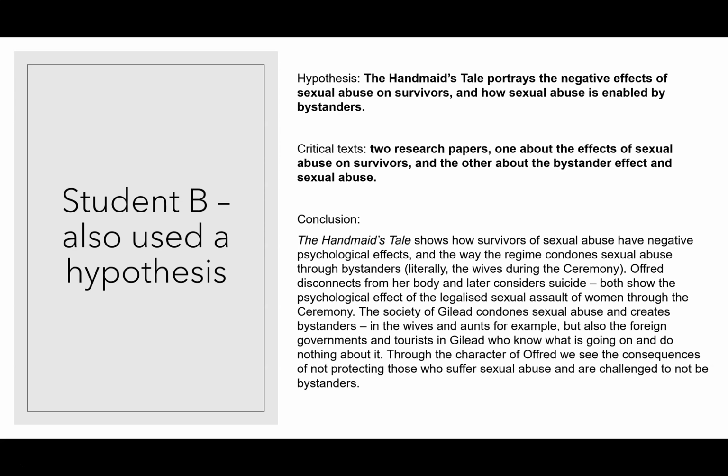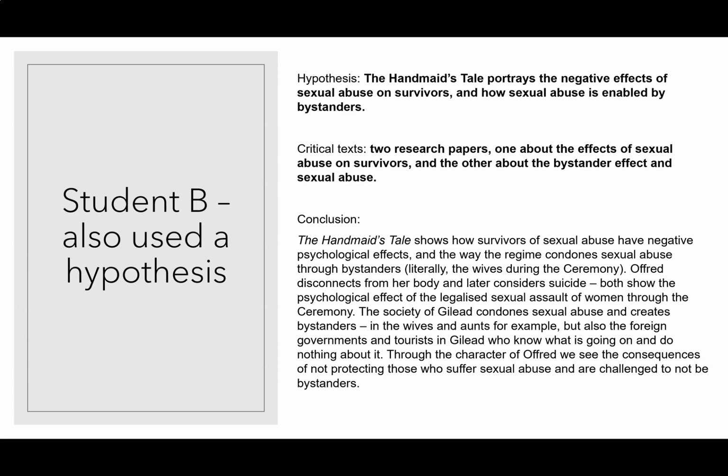So, as you can see, this conclusion again is going quite broad. It's looking specifically at the sexual abuse that happens in the novel, but it's also looking at who are the bystanders, and it's looking really broadly here. So it's not just looking at the people who actually witness the ceremony, but also at foreign governments who know what is going on, and tourists who ignore that.